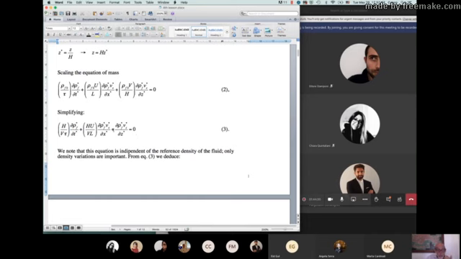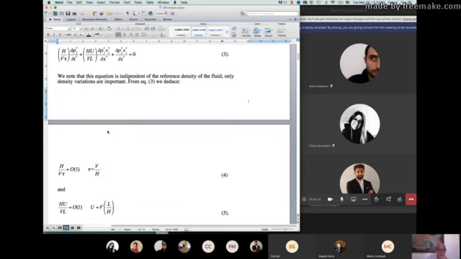But if you want to have recharge, like you have in most geothermal systems, then the dimensionless number HU divided VL must be of order 1. Otherwise, it's too small and the whole second term goes away.